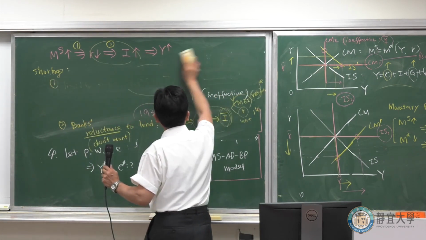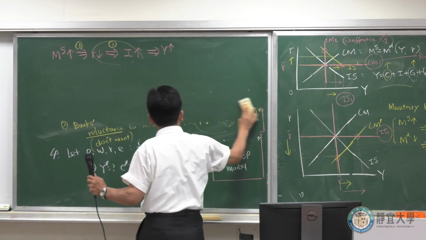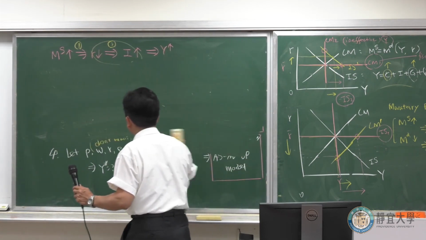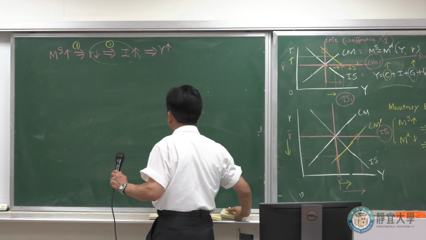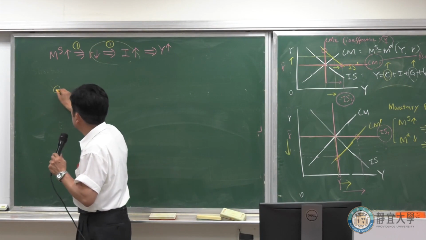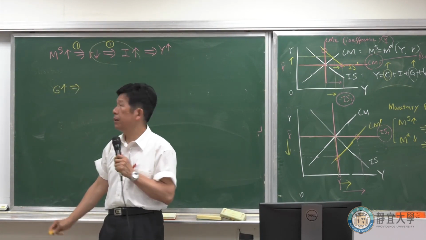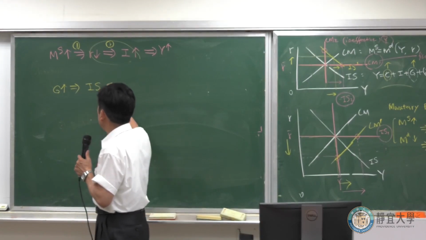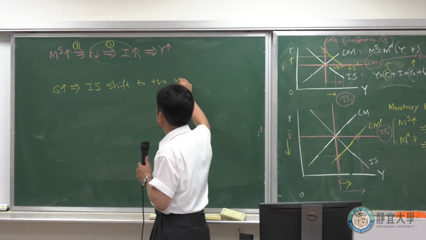This is the fiscal policy. Here we also try to see the government spending increase. It makes the IS shift to the right.